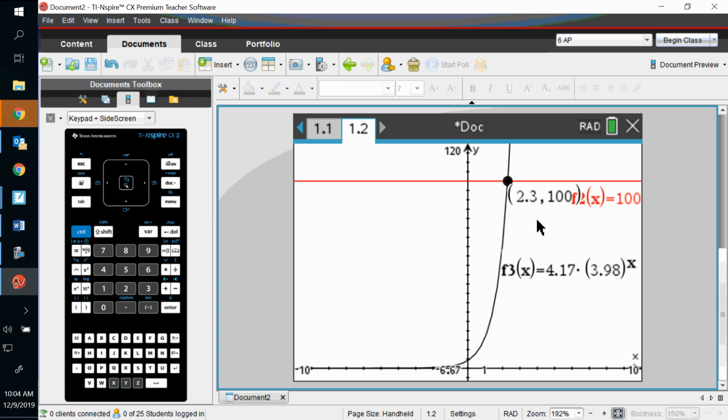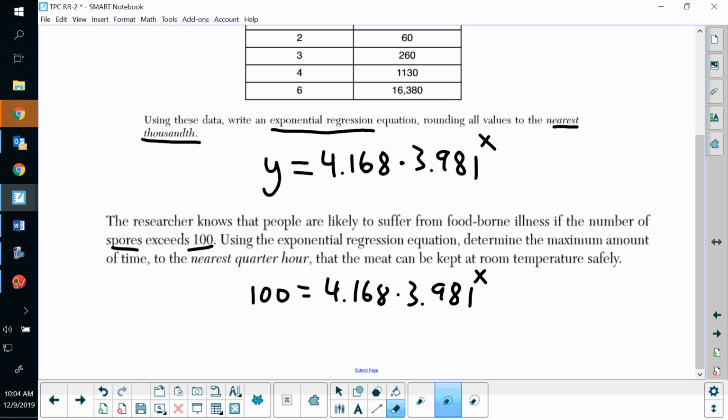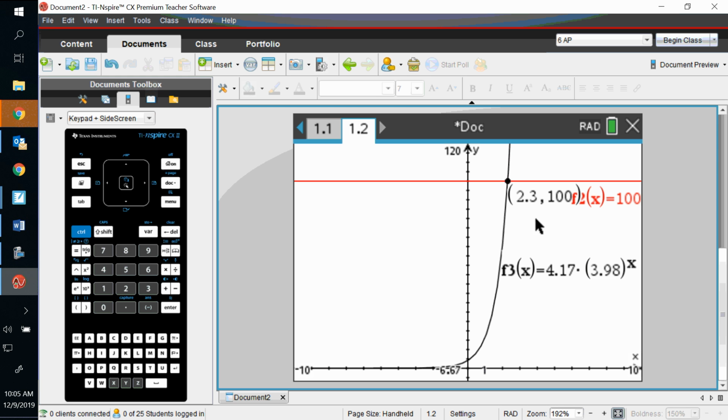Now notice, let's see where they wanted us to round to. They wanted to the nearest quarter hour. So quarter hour is like 0.25. So we had 2.3. So we got to think in quarter hours. So 2, 2.25, 2.5, 2.75, 3.